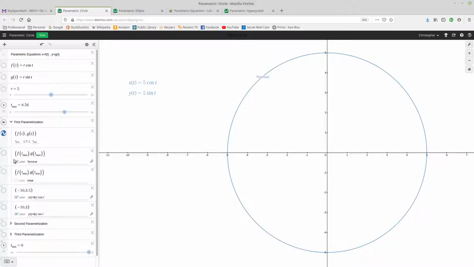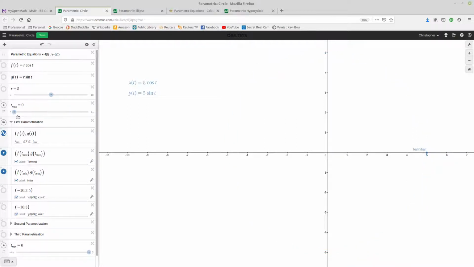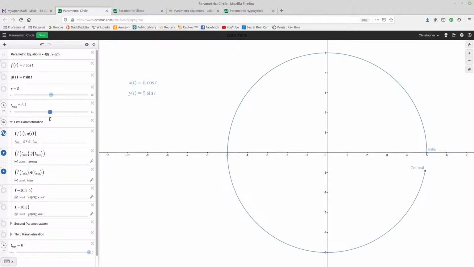So to demonstrate this, I'm going to display these initial and terminal points and back this up and trace through it again. In the beginning, the terminal point, the end point, is exactly the same as our initial point. And as I trace the circle, you can see that terminal point at the leading part of the curve. And here when I get to 2 pi, I'm going to be at the initial point again.